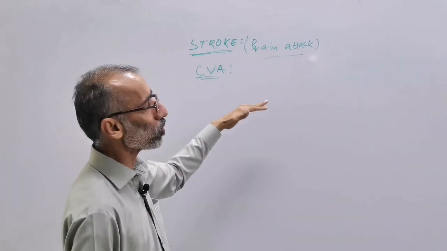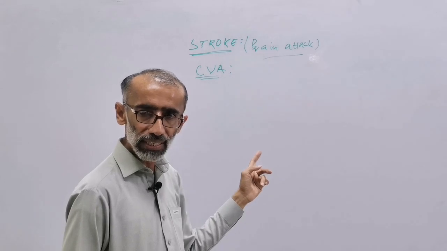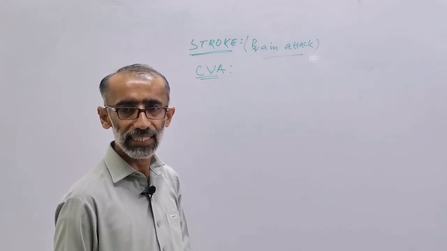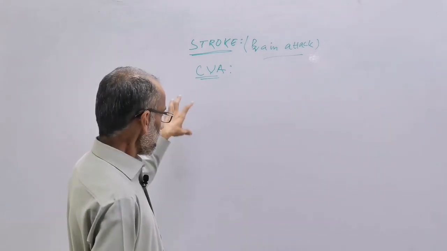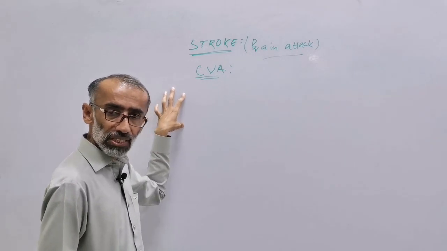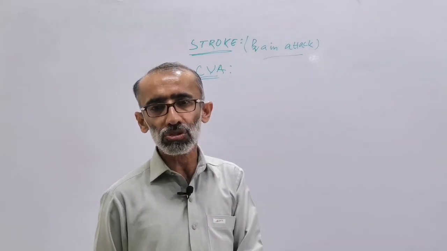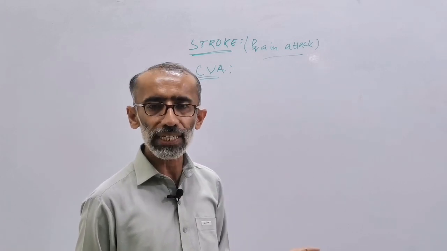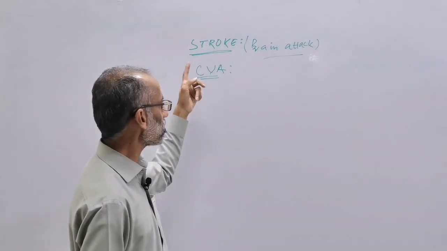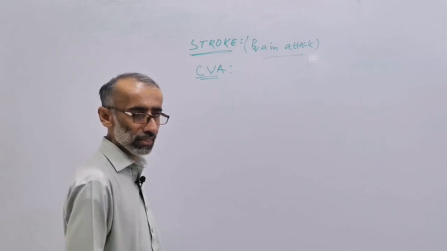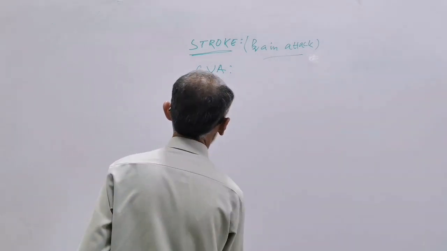Cerebrovascular accident includes a stroke and TIA. If there is damage or death of the brain tissue due to the ischemia, it is called stroke or brain attack.